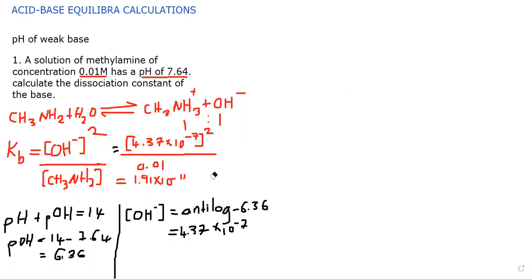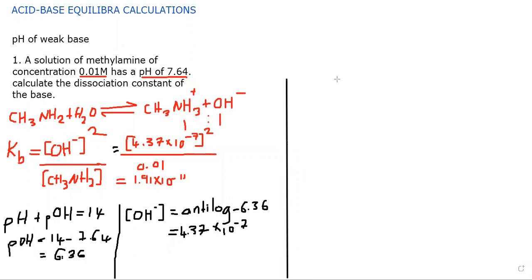All right. Secondly, what you could have done, remember this is pH, so we could get the hydrogen ion concentration. So where would we want to find the hydrogen ion concentration?